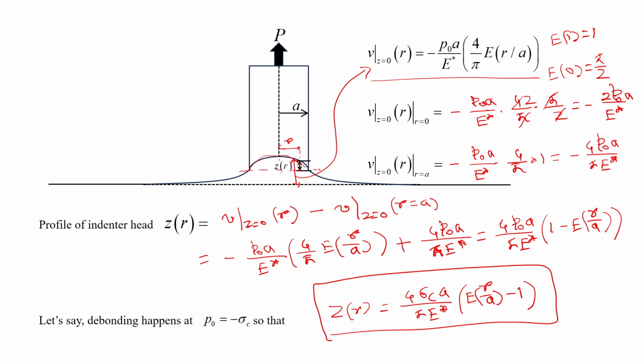We apply P, so P by pi a square is equal to P0, or minus sigma. When this sigma reaches the critical value sigma c, the crack will open. Therefore this is the maximum pull-off load that can be attained for this particular shape.